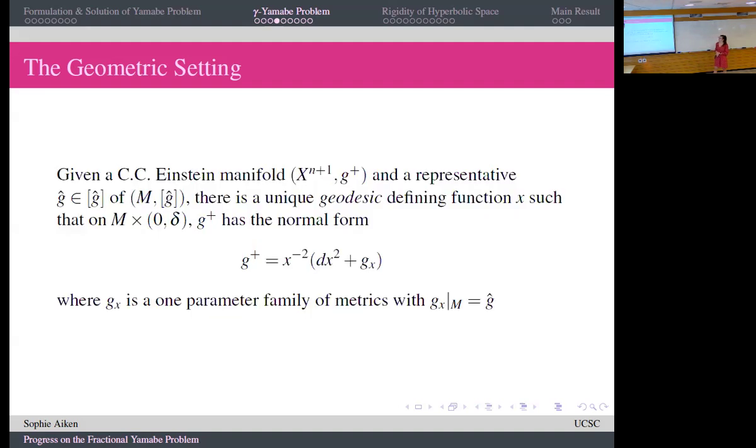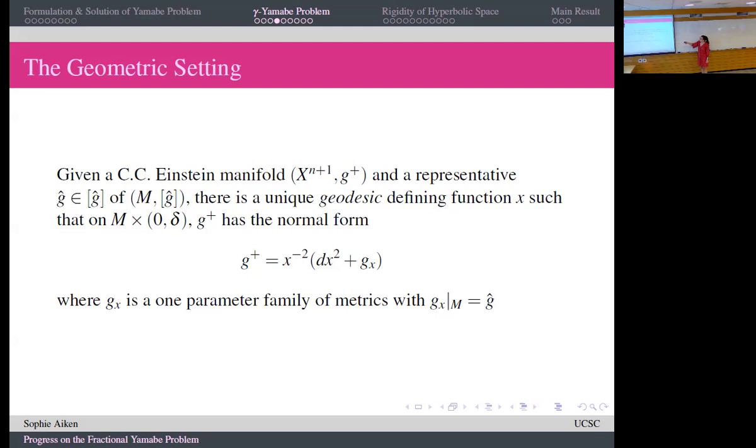Okay. So given a conformal Einstein manifold, for each representative of my conformal class, so picking out a specific metric in that conformal class, associated to it is a unique geodesic defining function, so a special type of defining function, such that I can expand my inside metric g plus in this normal form.